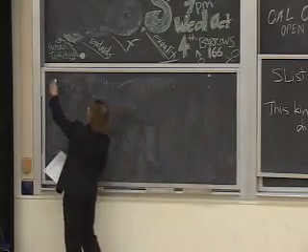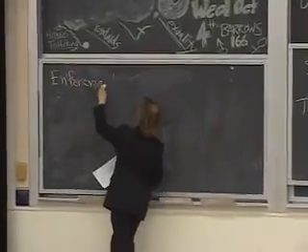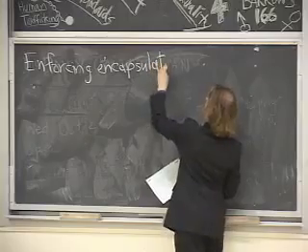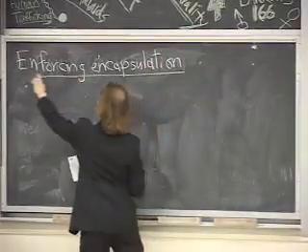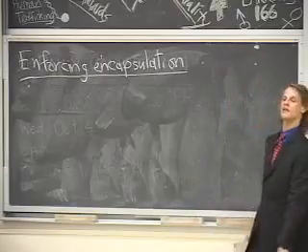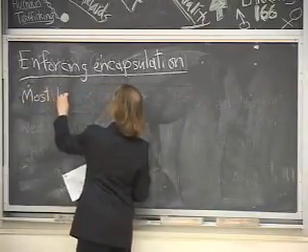A few words on how you enforce encapsulation. You already know most of this. Basically, well, first of all, let's not talk about Java, but let's talk about most languages.